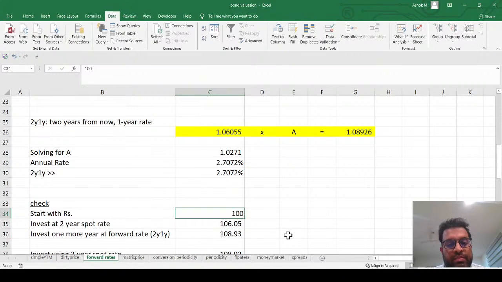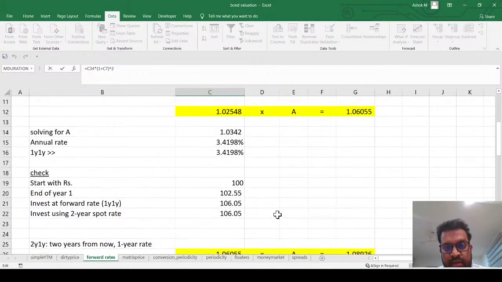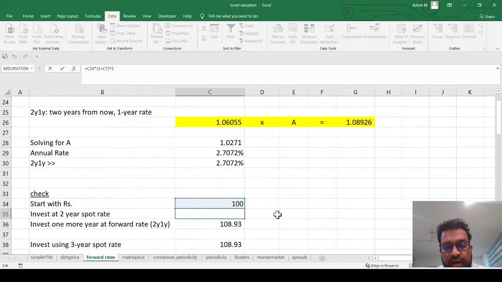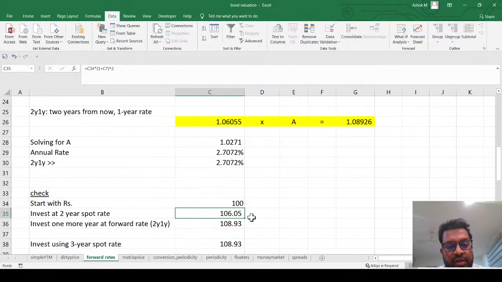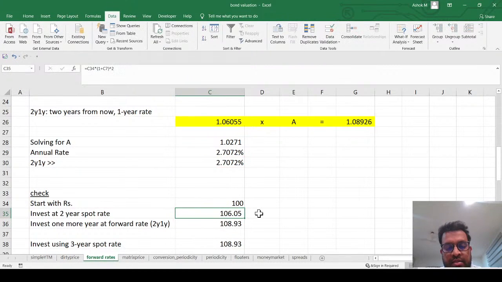You can check again. Start with rupees 100, invest today at the 2 year spot rate. 100 multiplied by 1 plus C7, that is this 2 year rate compounded for 2 years. Then you invest 1 more year at the forward rate, the 1 year forward rate 2 years from now. The same amount, this 106 that matures in the second year, you're putting it in for 1 more year, 108.93.